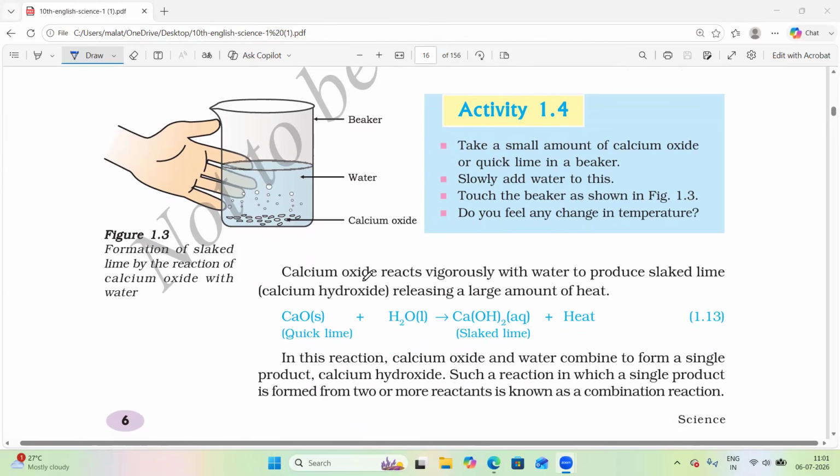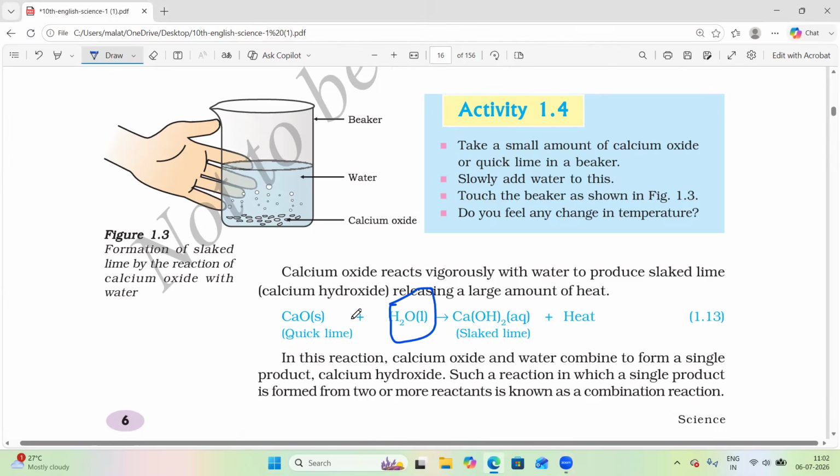So for example, if I take calcium oxide, which is also called quick lime, when it reacts with H2O, it will become slaked lime. Slaked lime is also called calcium hydroxide.